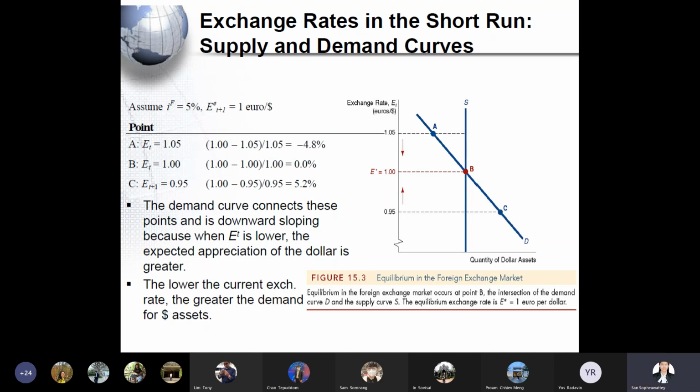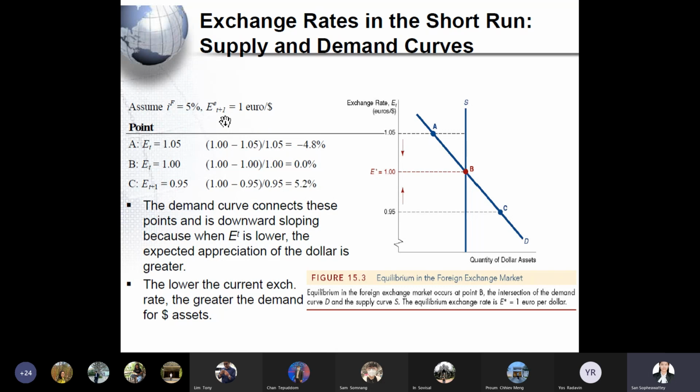With the future expected value of the exchange rate held constant at E(t+1), for example, a lower value of the exchange rate, at E star at point A, implies that the dollar is more likely to rise in value, or we say appreciate.